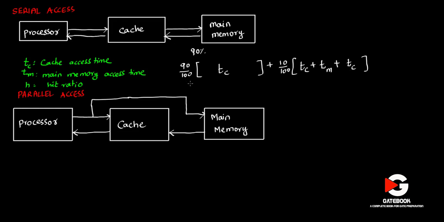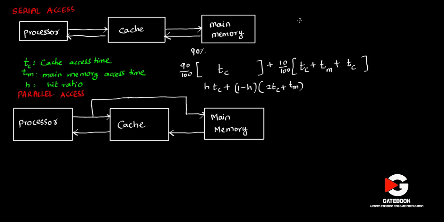But 90 by 100 is actually the hit ratio, correct? So the formula will be H into Tc plus (1 minus H) into (2 Tc plus Tm), where the 10% is 1 minus H. But if you recall the optimization, rather than first transferring this entire data to the cache and then to the processor, the first word is directly transferred to the processor.